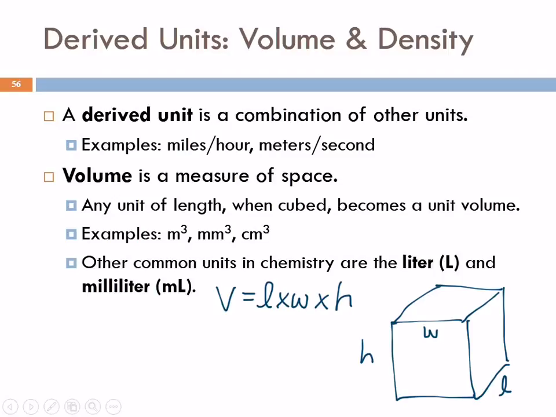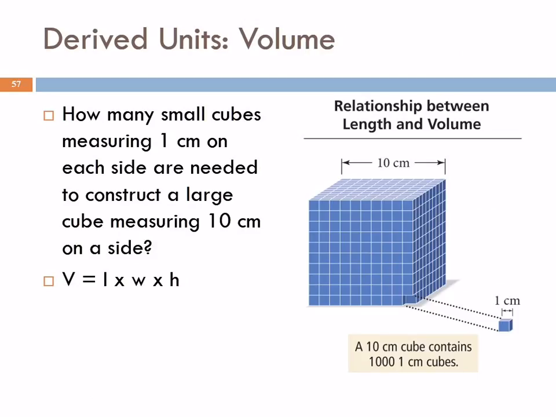Typical units we use in chemistry are liters and milliliters, and those are related to cubic centimeters. So here's an illustration, a cube that is 10 centimeters on a side. So then what's the volume of that? Well, one side is 10 centimeters, and another side is 10 centimeters, and another side is 10 centimeters.